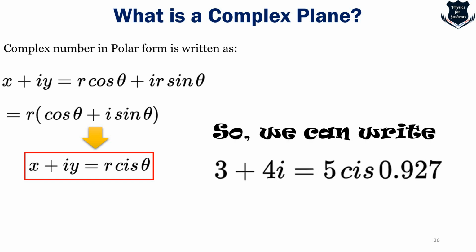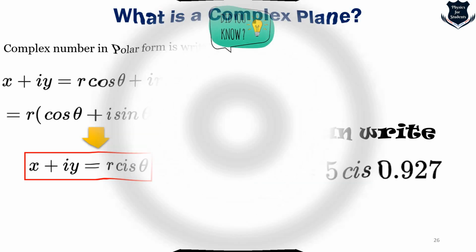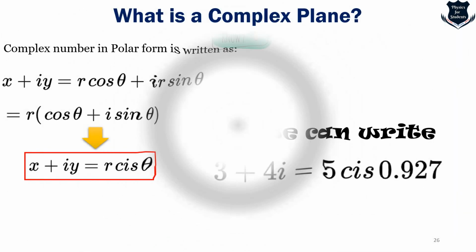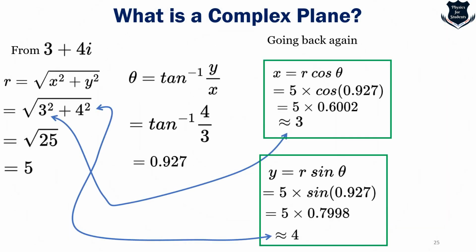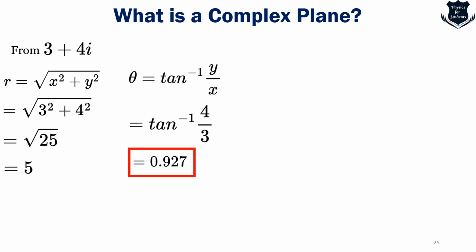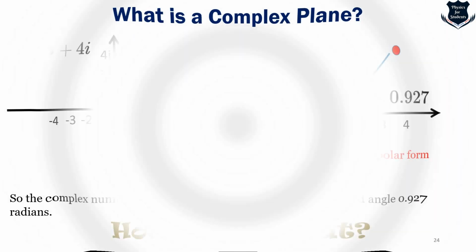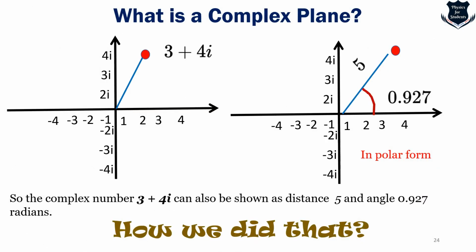So we can write 3 plus 4i as 5 cis 0.927, and you see here that we got the value 0.927. That is how the radians are calculated. If you want to go back, you can, here you see that the value 0.927 is there.